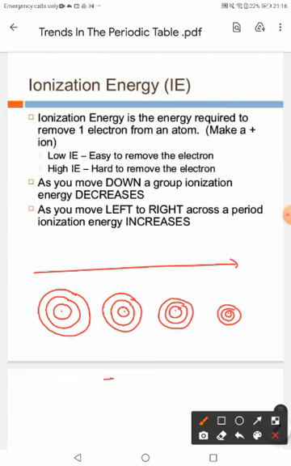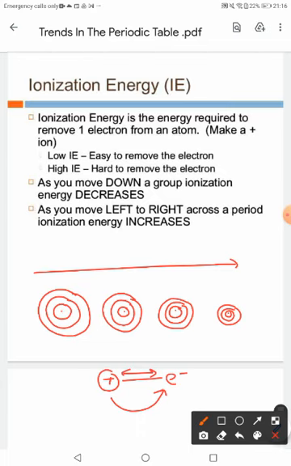See, the more the distance between proton and electron, the easier it is to remove the electron, because protons are holding the electron. If the distance increases, the force of attraction will decrease and the electron can be easily removed.